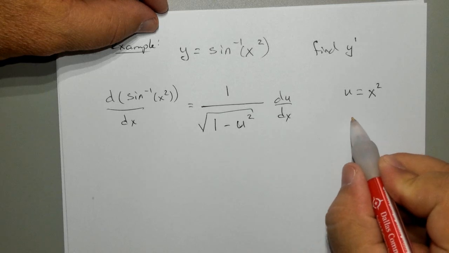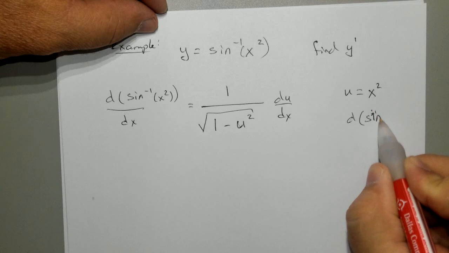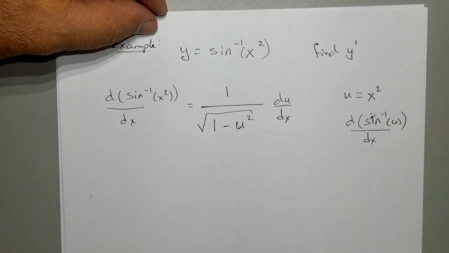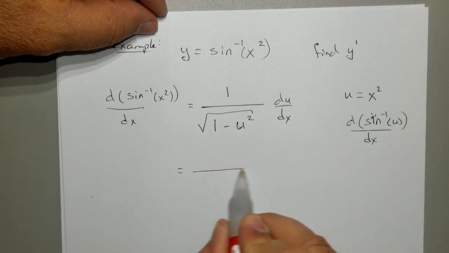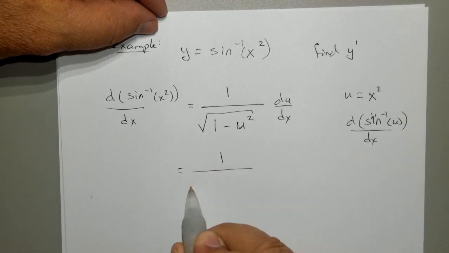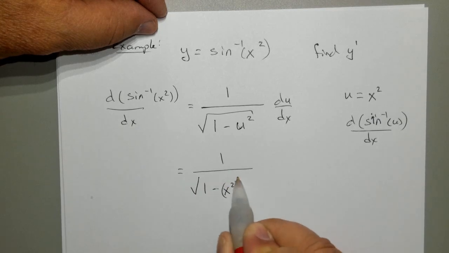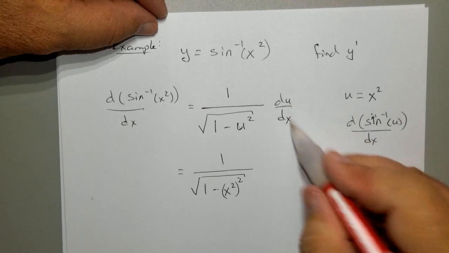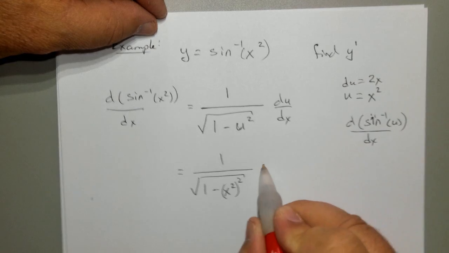Because the formula was the derivative of the inverse of u dx is all this stuff. So 1 minus x squared squared. The derivative of u is 2x.